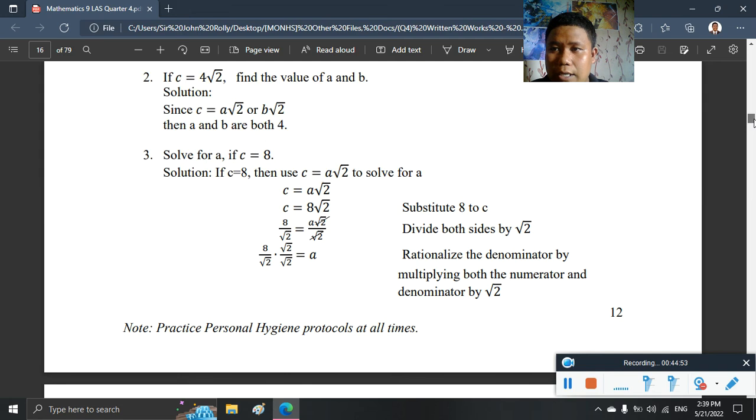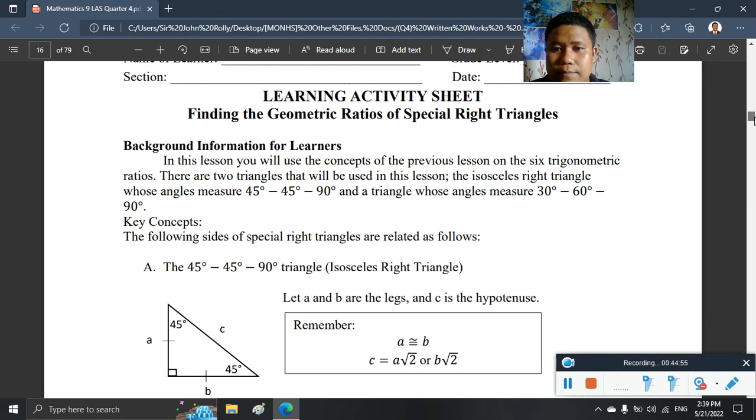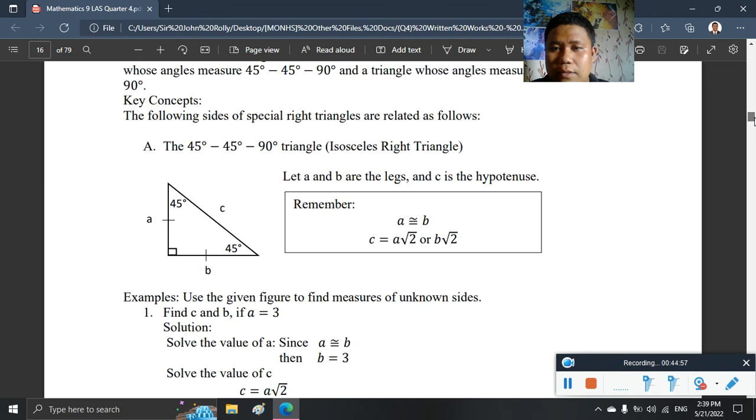Actually, the 45, 45, 90 and the 30, 60, 90 are related to the Pythagorean theorem. We can use the Pythagorean theorem to find the legs and the hypotenuse of the 45, 45, 90 and the 30, 60, 90.